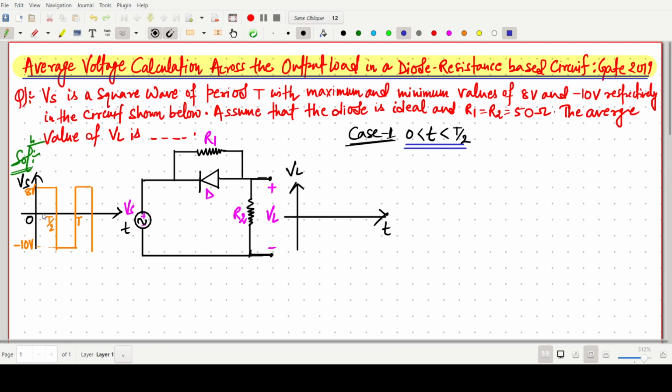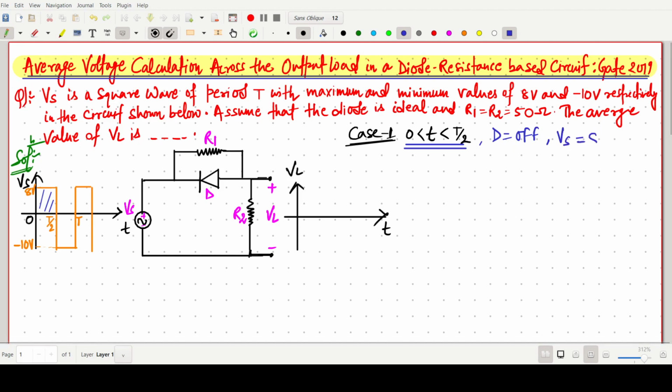In this region, 0 to T by 2, the diode will be off, because this is a positive voltage, so the diode will be in reverse bias, and the voltage Vs is simply 8 volt.